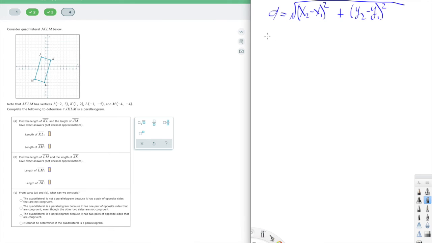So we have KL, and I'm going to write 1, 2 for K and L, just that way I don't get mixed up here trying to look back and forth. All right, so remember that goes X, Y, X, Y. And labeling it for yourself just makes it a little bit easier, so you don't have to worry about which X, which Y. And I even go a little further and go like this.